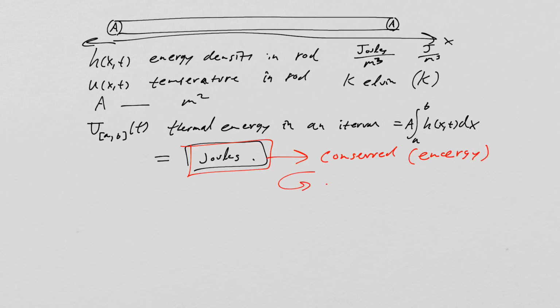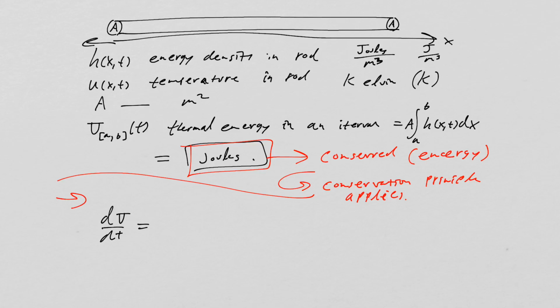So what happens is, of course, the conservation principle applies. Okay, cool. All right. The conservation principle says dU/dt, that means that dU/dt has to equal what?